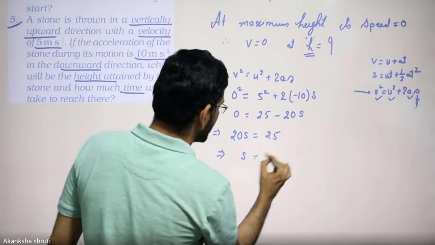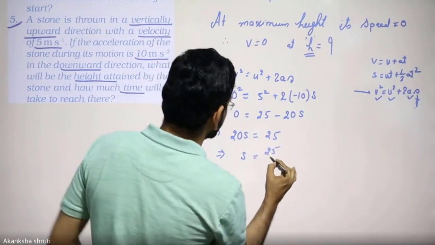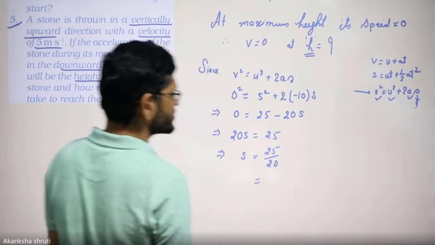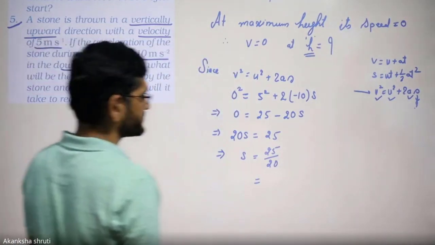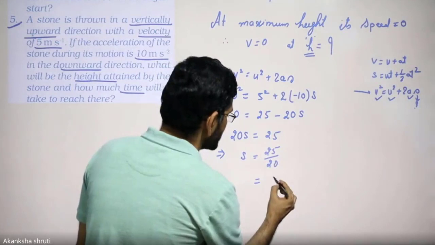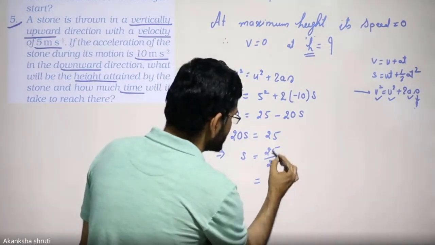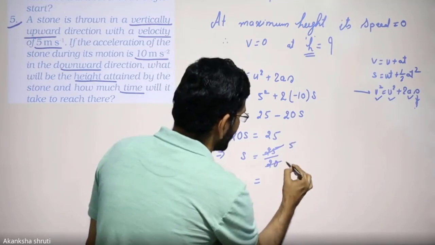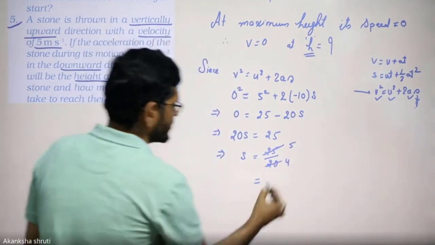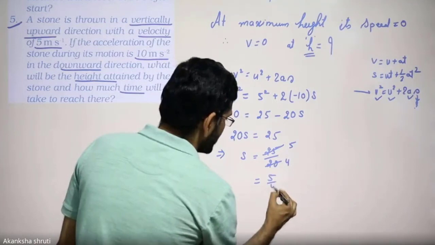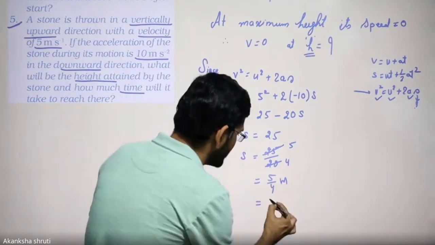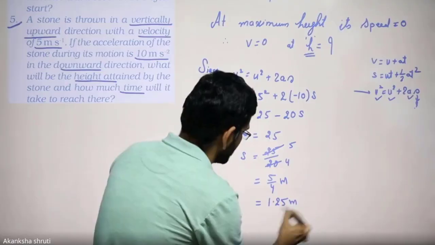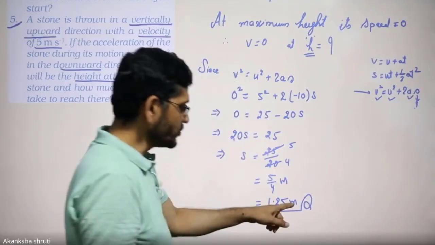It is 25 by 20. Go for just dividing it. You may get 1.25. Okay, student. Or if you wish, you may first cancel this. 5 5s are 25 and 5 4s are 20. So it is 5 by 4 meter or 1.25 meter. Okay, student. So here unit is very important.